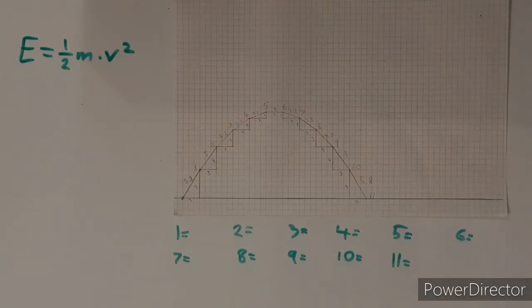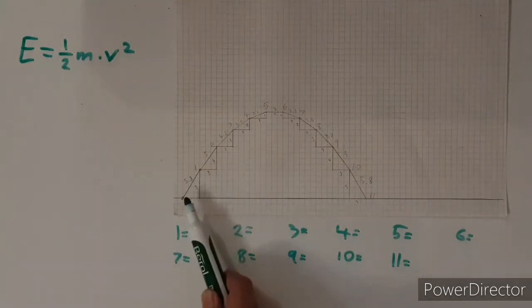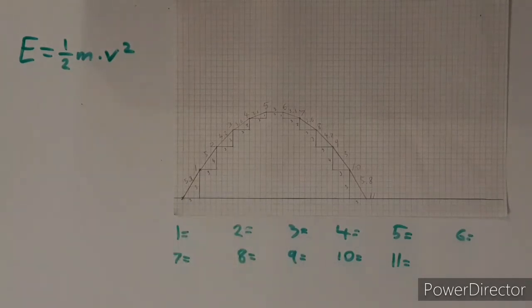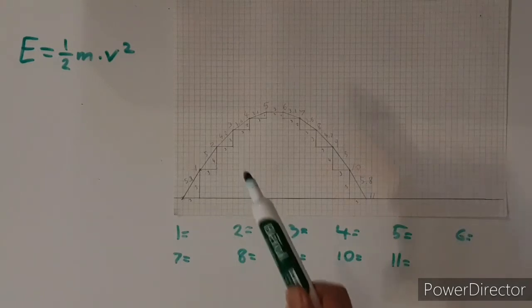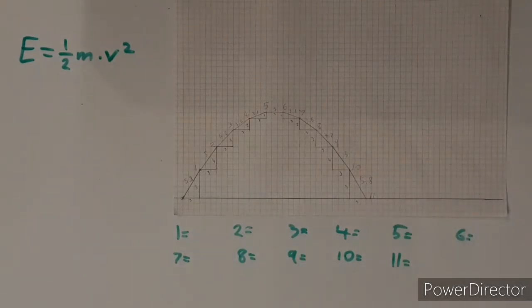This gives us the kinetic energy of the object, but we can calculate the gravitational potential energy if we know the initial kinetic energy, and then we minus whatever the kinetic energy is at the point in the flight we are at now, and that will give us our gravitational potential energy.